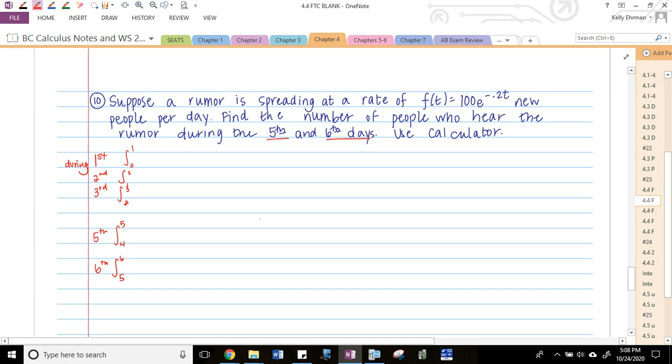So the integral from 4 to 6 of 100 e to the negative 0.2 t dt. Do I need to put absolute values around this? No, because 100 e to the whatever is a positive function. Remember, e has that horizontal asymptote.